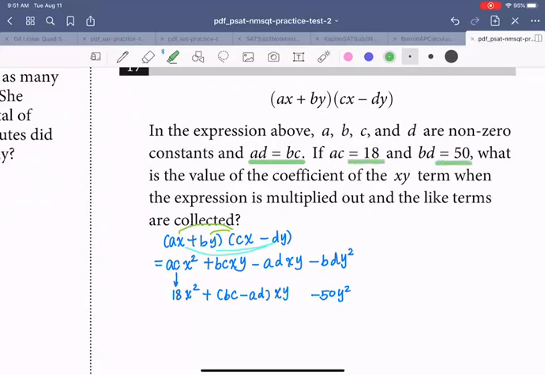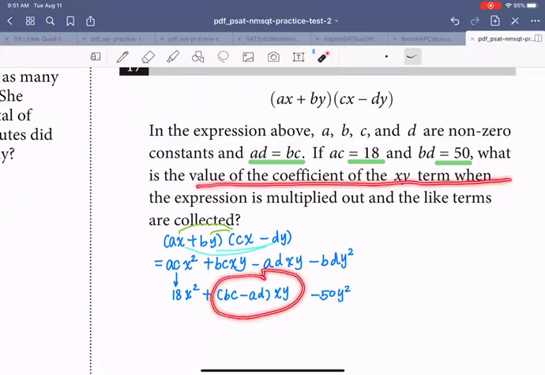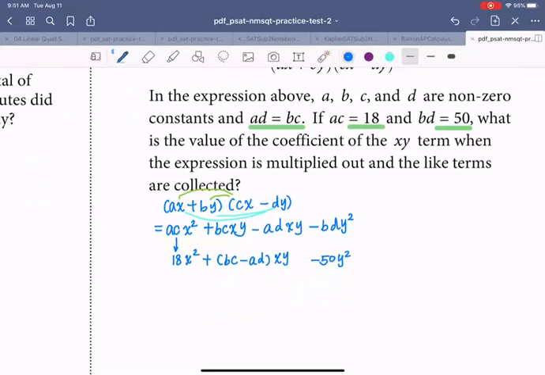Now the question is asking, what is the value of the coefficient of the xy term? This expression is multiplied out. AD equals BC. Yes, they are equal. This guy equals this guy.